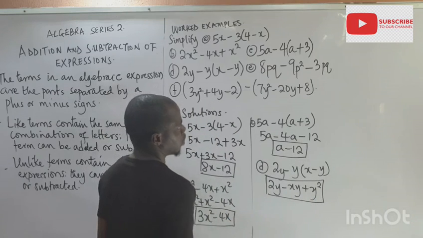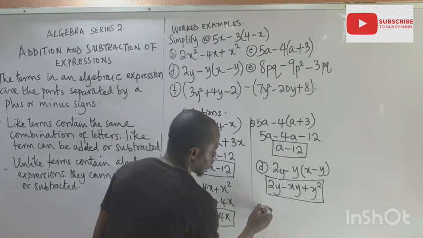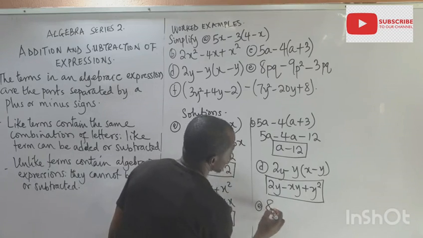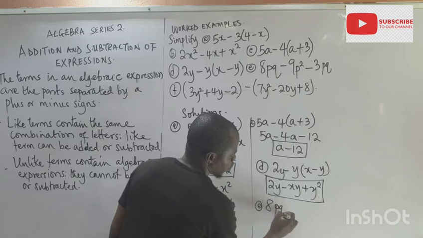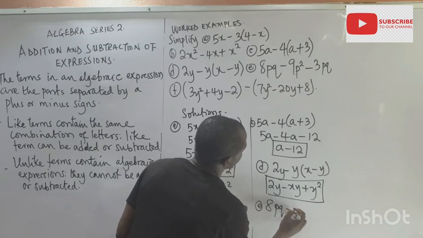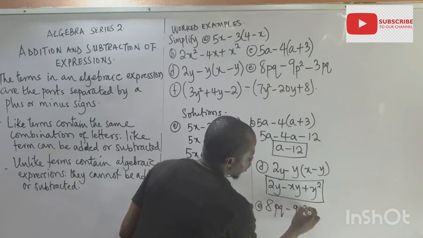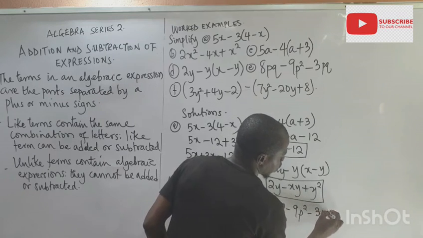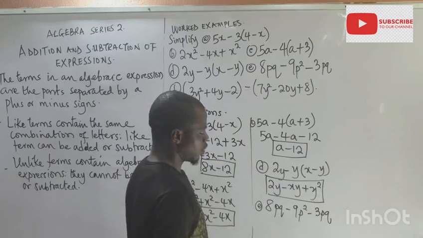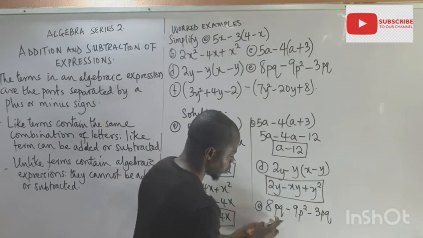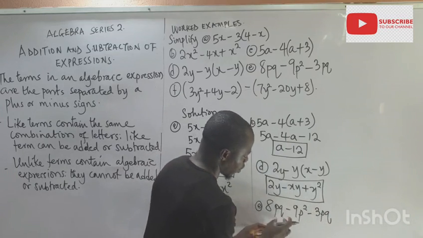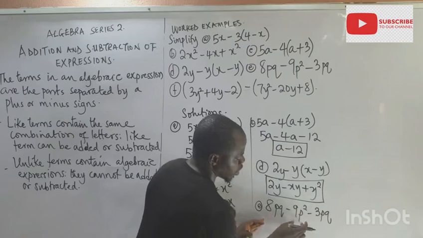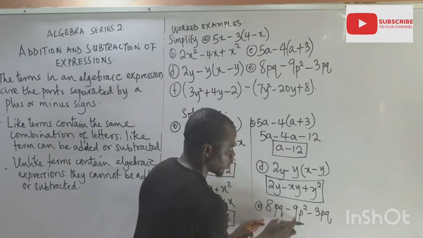Now we have the next question, that's E. In this case, you have 8pq minus 9p squared minus 3pq. Now, this is pq, p squared, pq. pq and pq are like terms. p squared is not a like term with pq.